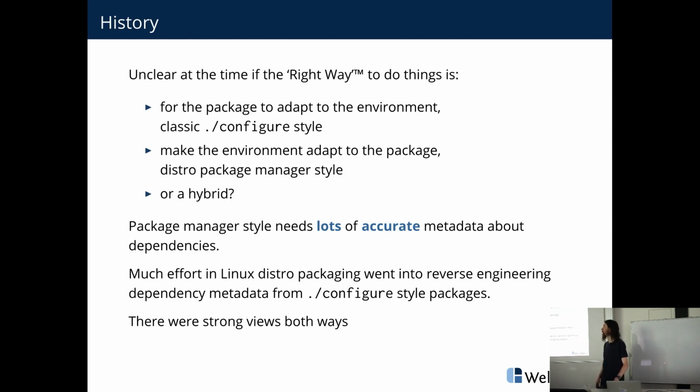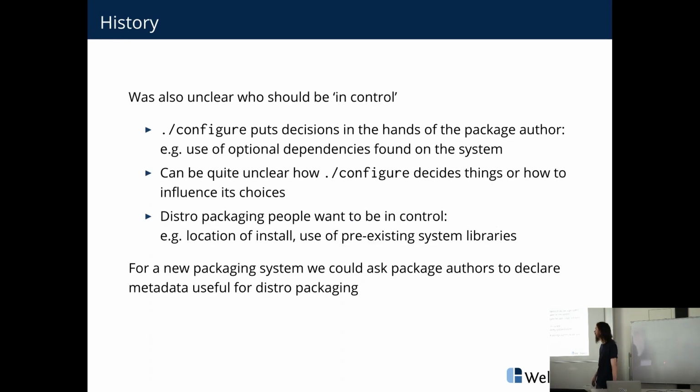I think, fortunately, it is no longer a controversial question. It's pretty much conclusively settled in the latter direction. But it's interesting that it wasn't clear at the time, and some of that is reflected in the Cabal architecture. Cabal is a hybrid in some sense, which we'll see. So I think it will help to explain some of the design decisions that are still hanging around.